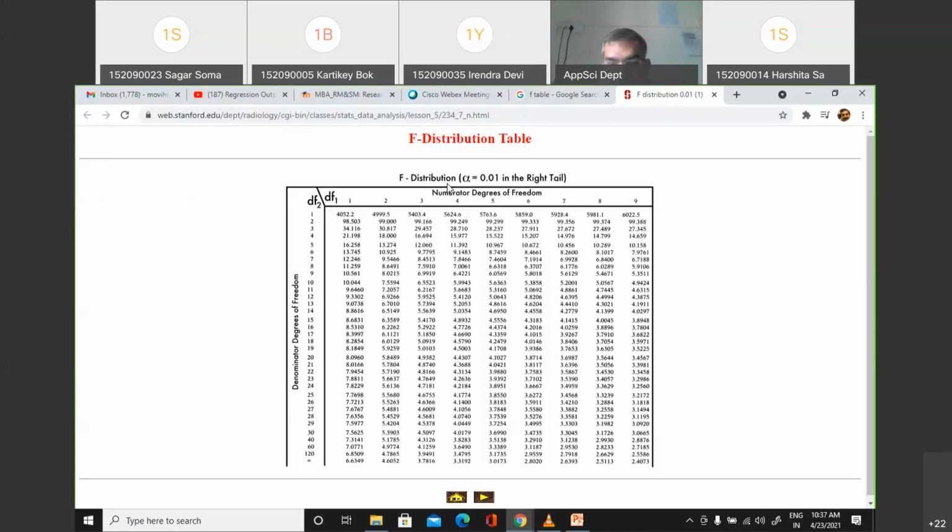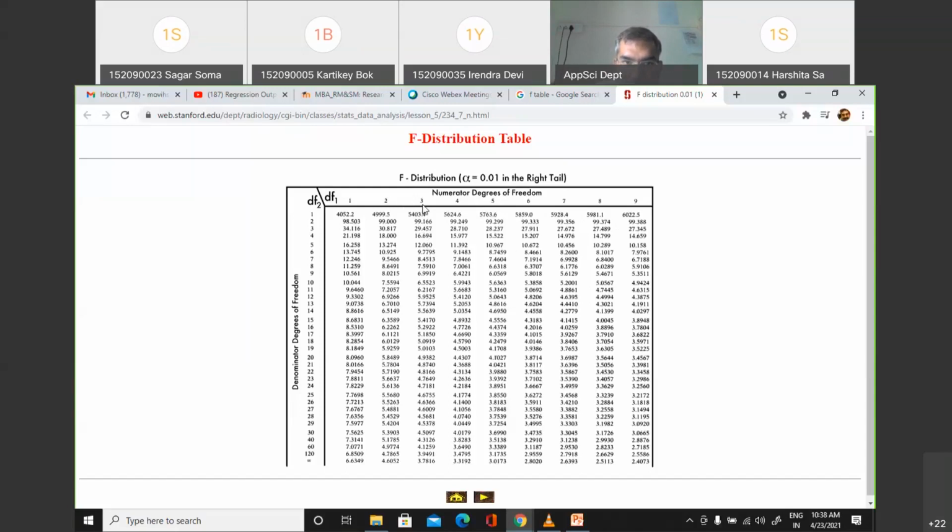But fortunately, we consider only the common significance levels like 0.01, 0.05, so there aren't that many F distribution tables, only a few for selected significance levels.